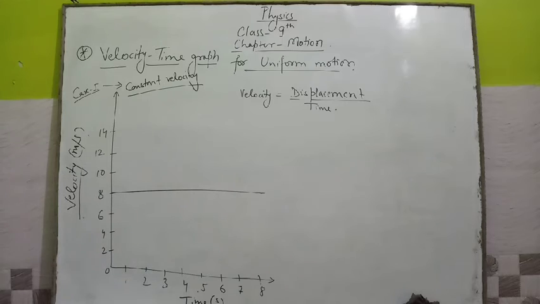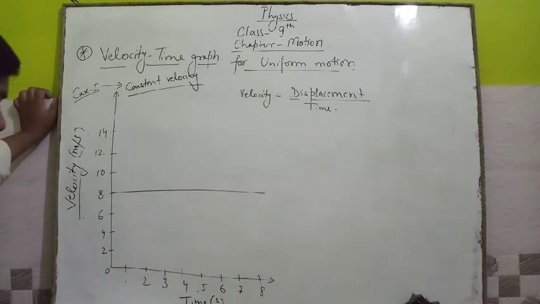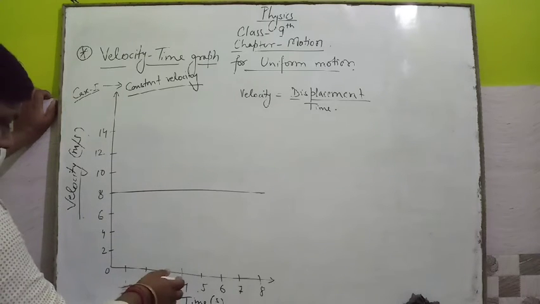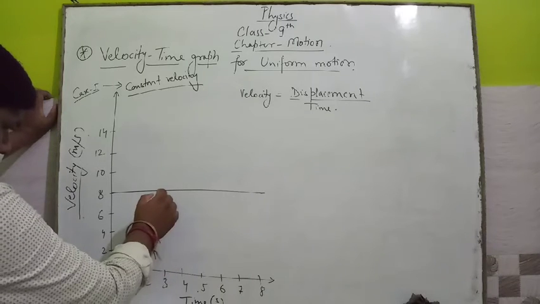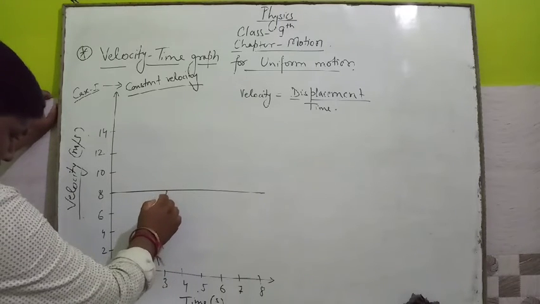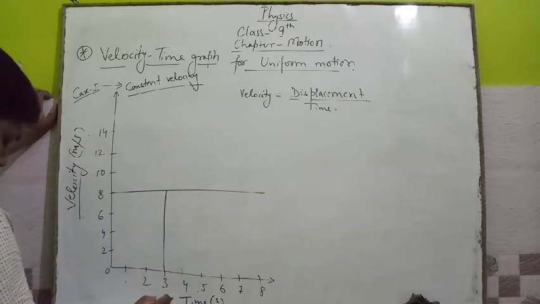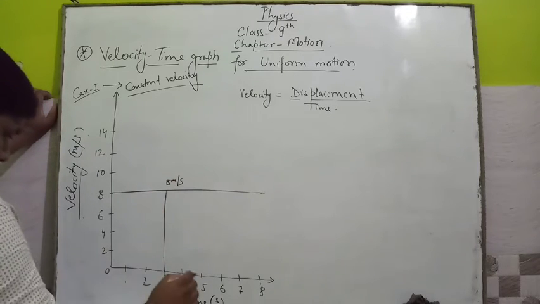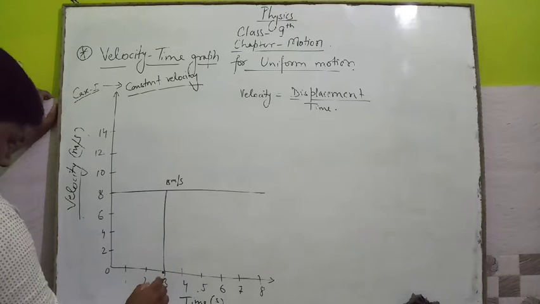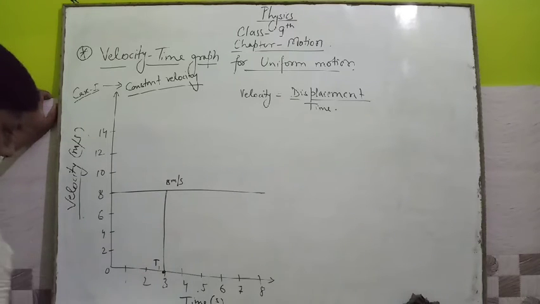At some particular instant we have to find the displacement. So we can take a particular instant at 3 seconds. Suppose at 3 seconds the velocity is 8 meter per second. That is time t1.